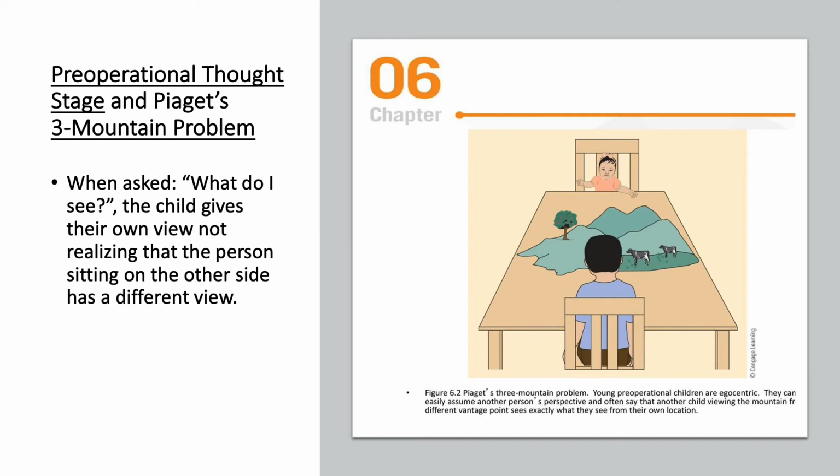We can see decentration in the preoperational thought stage in the three mountain problem. That is, Piaget set up this problem where he had three mountains with objects in front and behind, set the baby on one side and the researcher on the other side, and then you ask the toddler what they see, or ask them, what do I see?